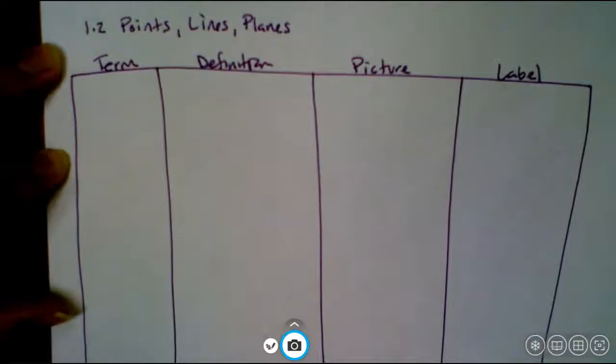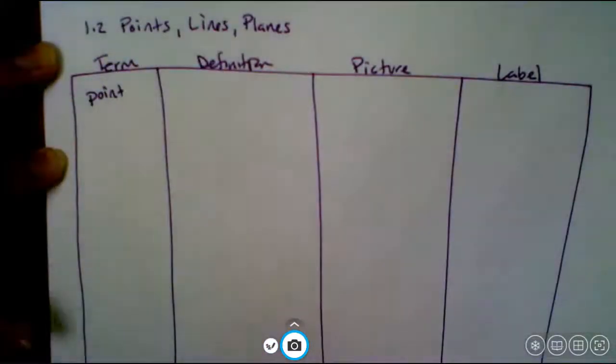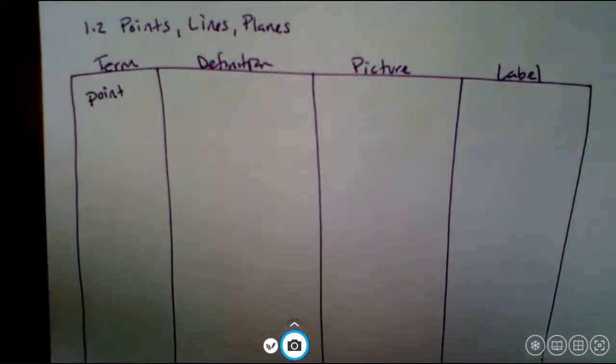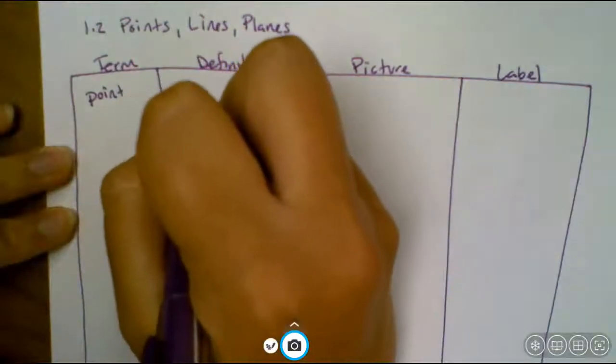The first term is going to be a point. A point, a line, and a plane are actually undefined terms, but it's still important to know what they are and kind of how to recognize them, because it's what geometry is based off of. It's like the foundation. So a point has no dimension.